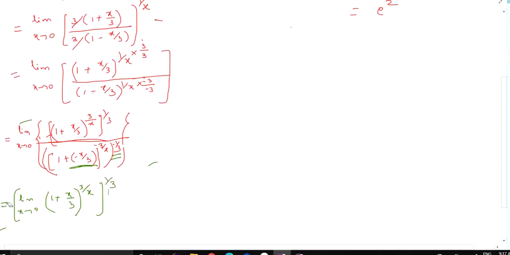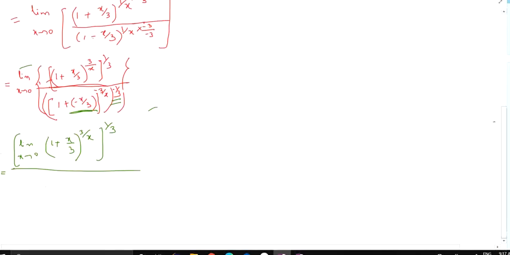It becomes quite easy to write the terms, so don't hesitate, don't get bothered. You can also apply the same. Now come to the denominator, limit x tends to 0, (1 plus minus x by 3) raised to minus 3 by x, and this whole bracket raised to minus 1 by 3.